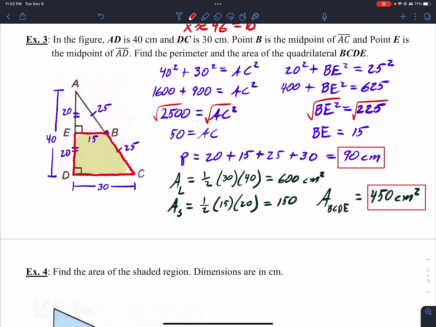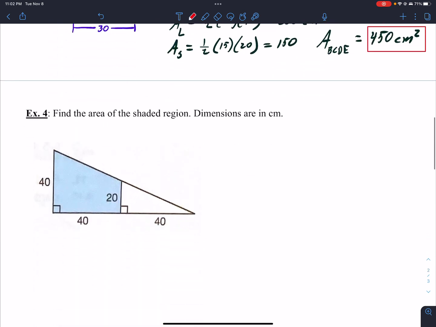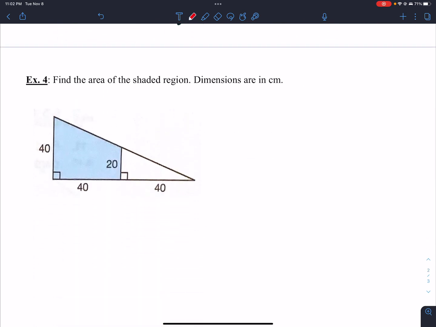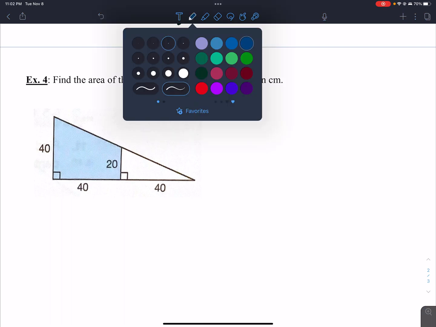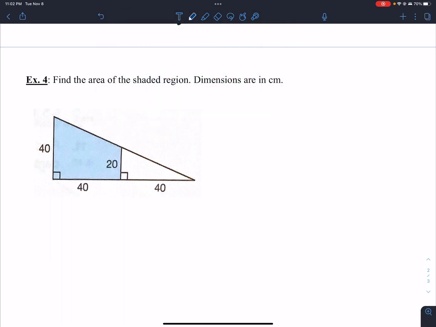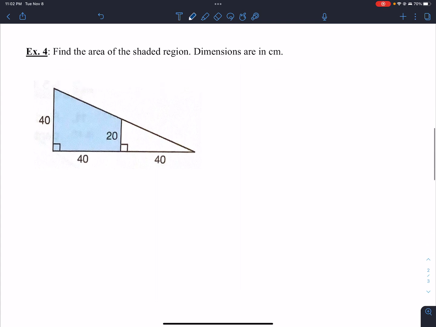All right, let's move on to example 4. Example 4 says find the area of the shaded region. Dimensions are in centimeters. So this is very similar to the problem we just did. All right, I need this area shown in the blue. And so in order to find it, I'm going to begin by finding the area of the large triangle.